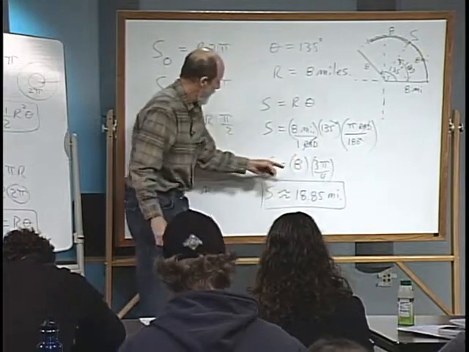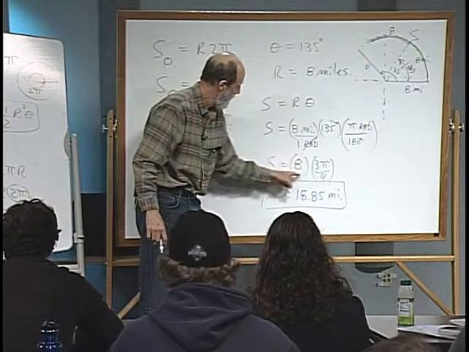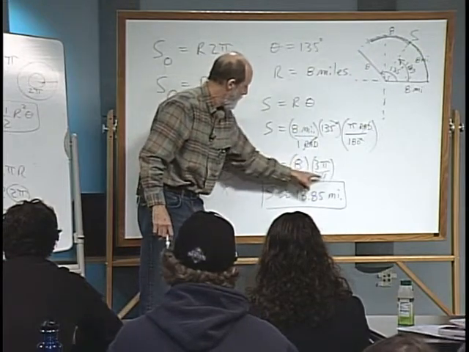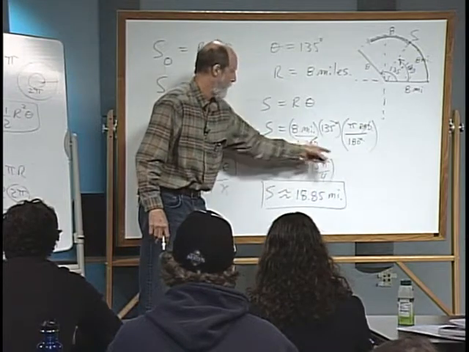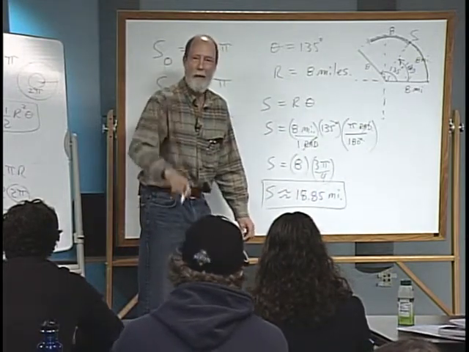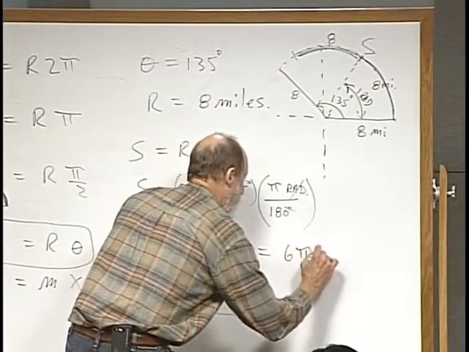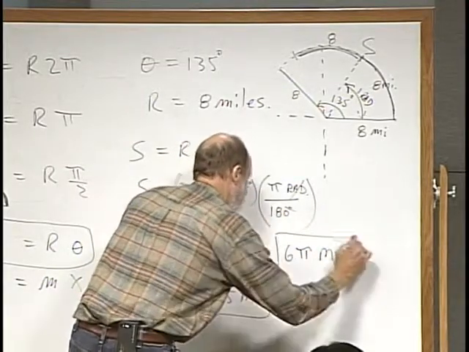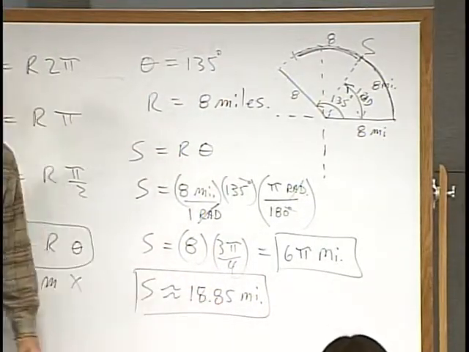What would be an exact answer if you clean this up? Look at the arithmetic here. You reduce: 4 into 8 twice, 6 pi. So an exact answer would be 6 pi miles. And an approximate answer is 18.85 miles.